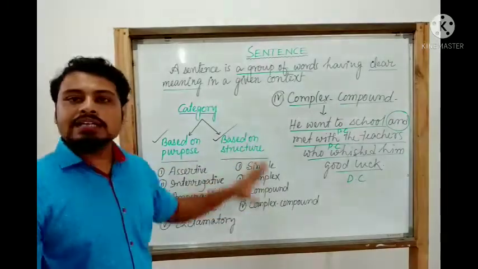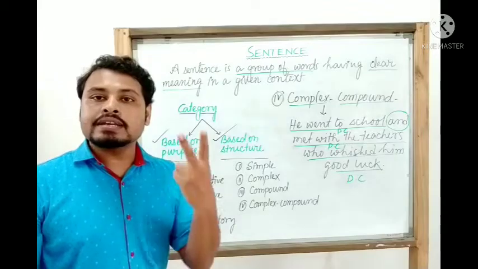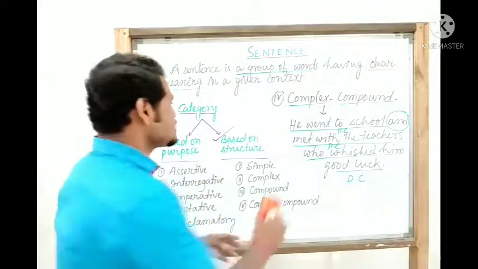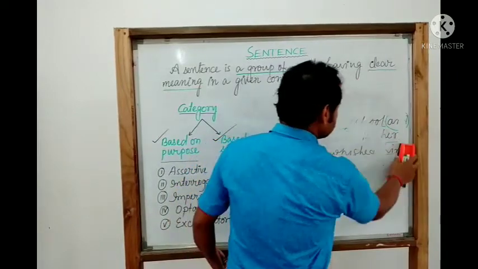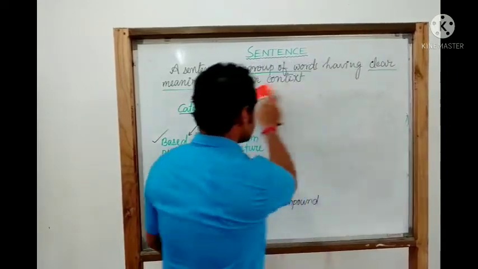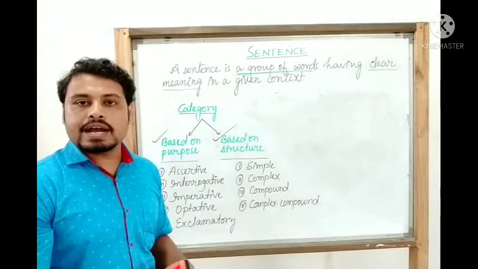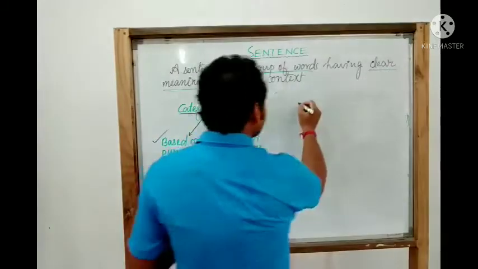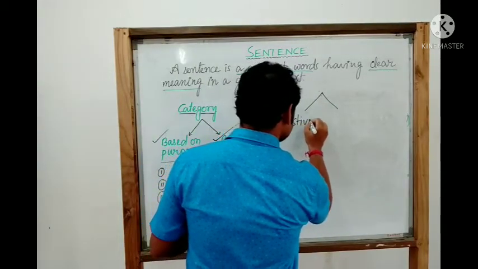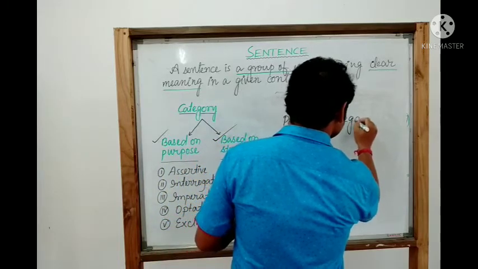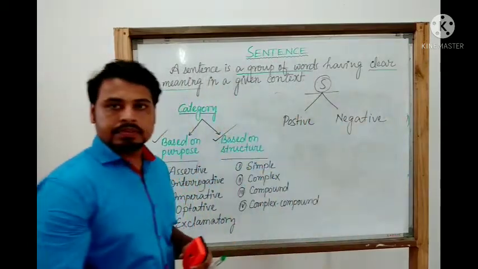Apart from these 9 types, all the sentences can again be subdivided into 2 heads. So let us see. All these 9 types of sentences can be subdivided into two: one is positive, another one is negative.